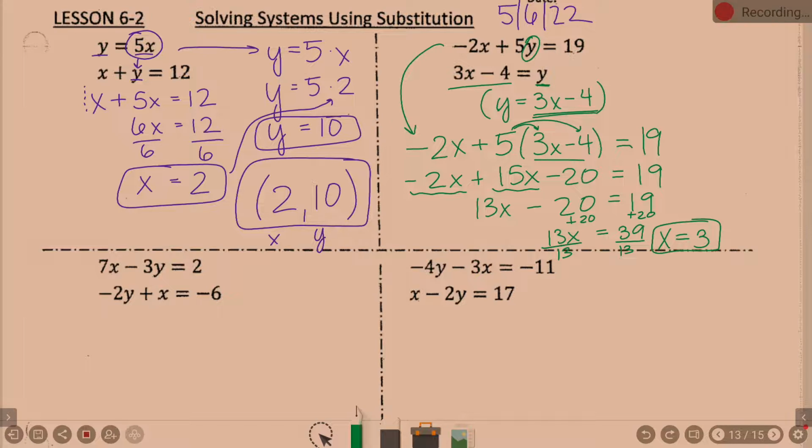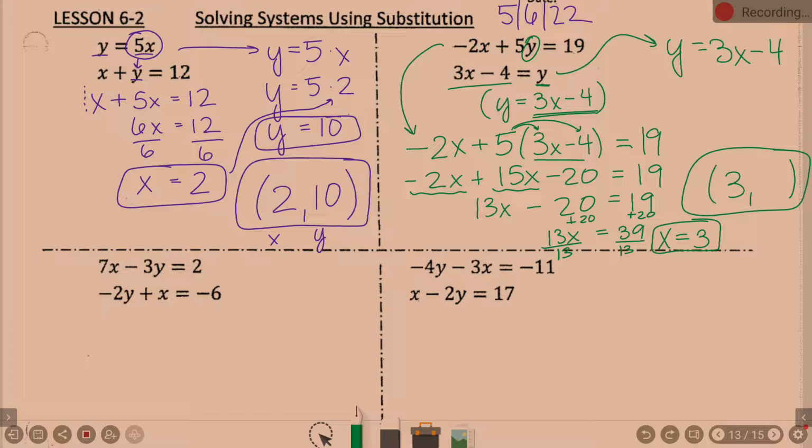Am I done with this problem? No, you're not. You have to figure out the other. Here's what I know of my answer. 3, because x is 3. 3 comes first, right? 3 comma blank. How do I find y? Plug x in. Pick one of these equations. I prefer the one that is already solved, y equals.